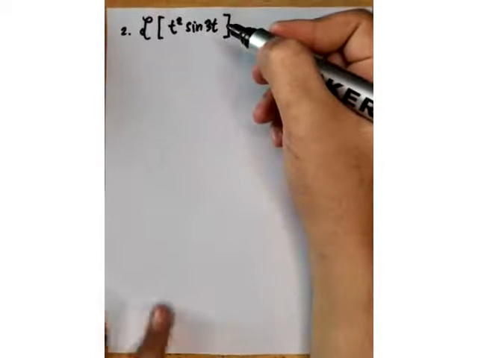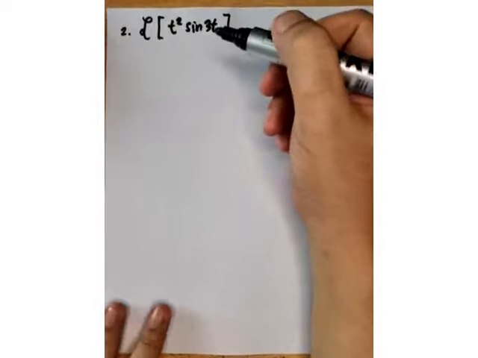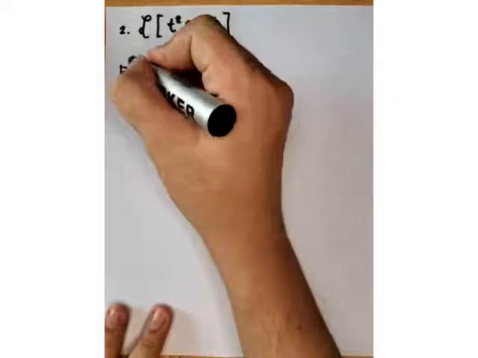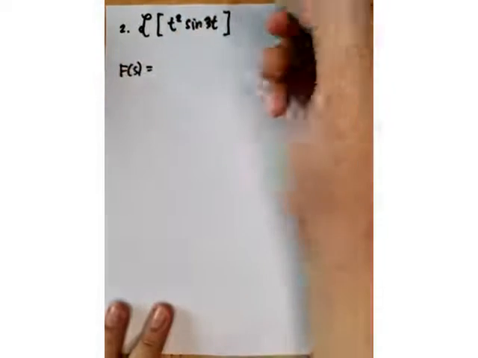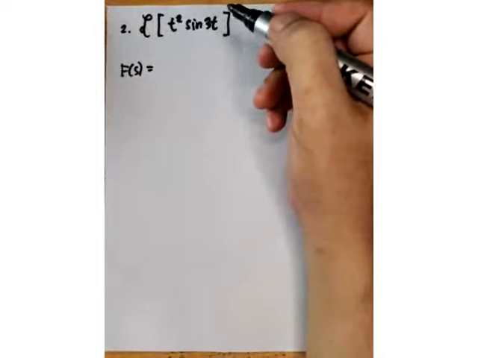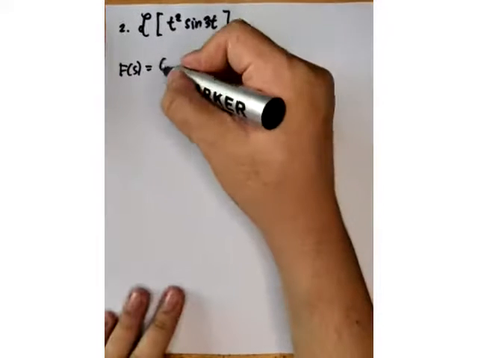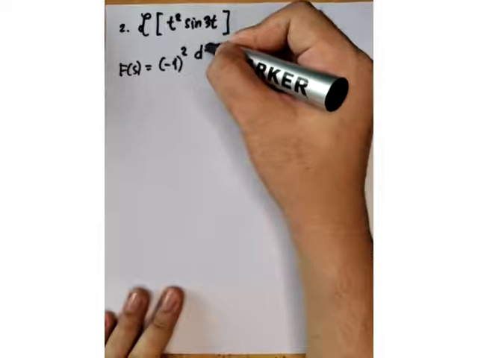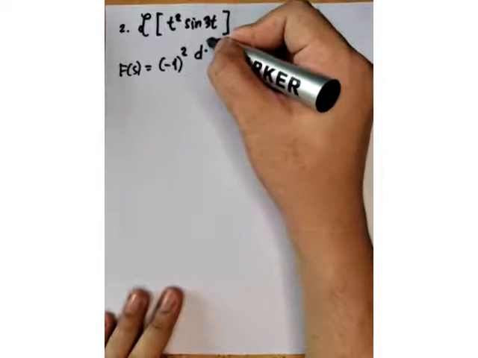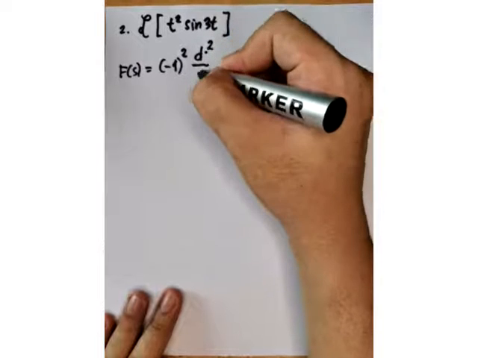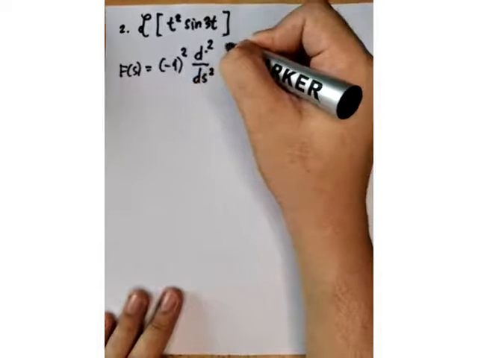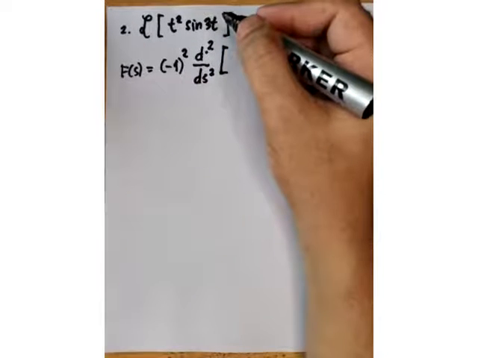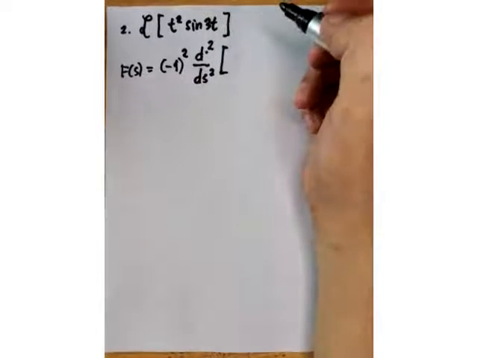Ano gagawin natin? So, gagawin natin ay, ano yung formula natin ng Laplace transform? Okay, so that's equal to negative 1 raised to 2 and d squared over ds squared times of, so what's the Laplace transform of sine 3t?